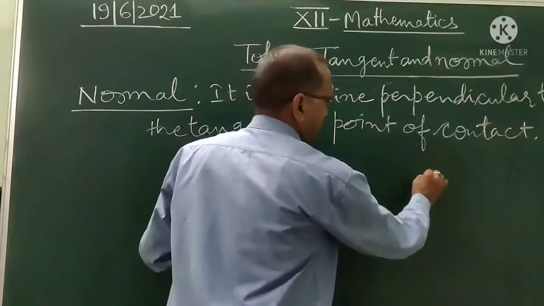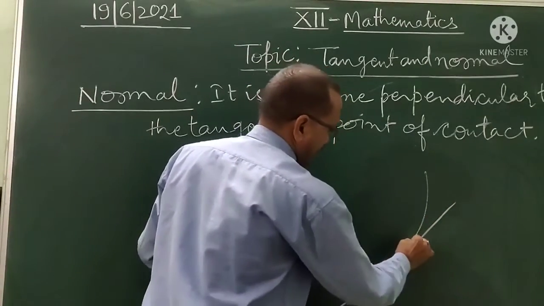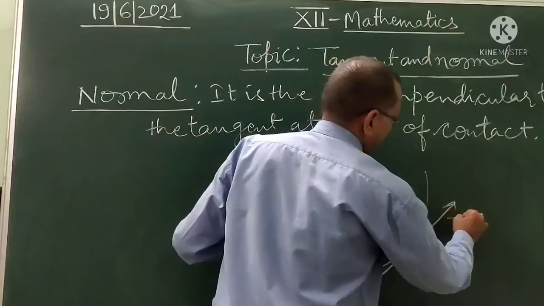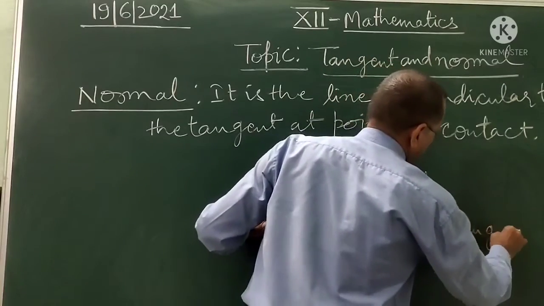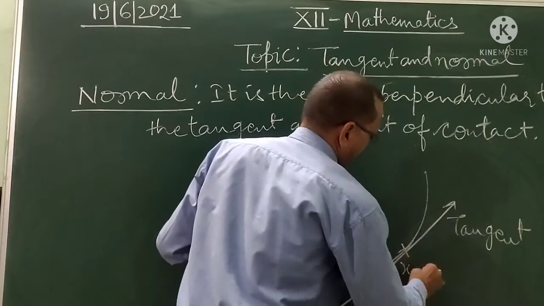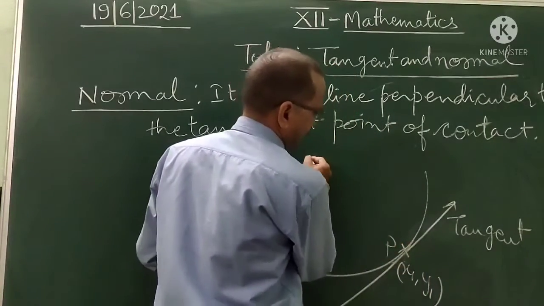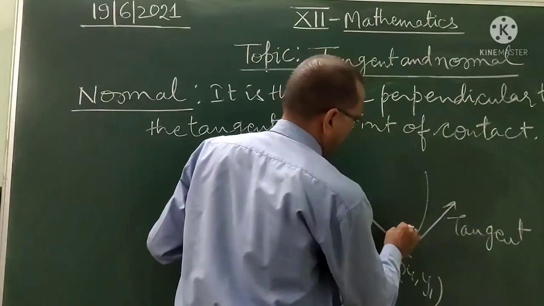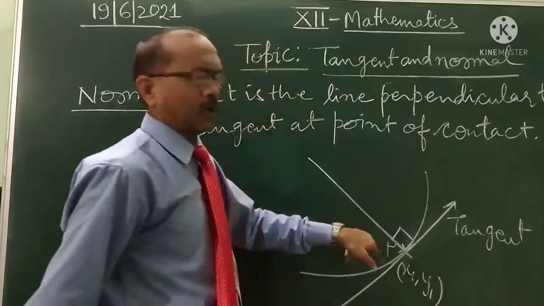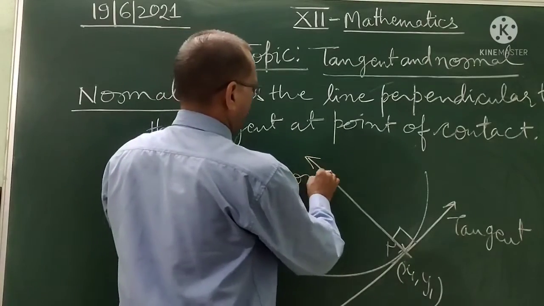See, let there be a tangent. It has point of contact (x1, y1). It is point P. Then a normal which is perpendicular to the tangent. It is the normal.